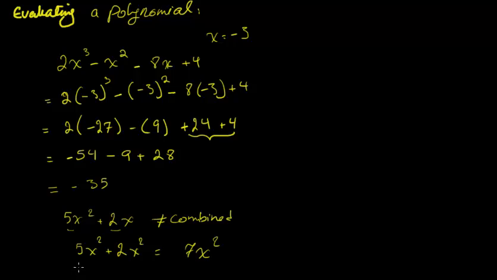Let's say we have 5x plus 6. Can we combine them? No, we cannot. Why? Because it is like saying we can add 5 apples and 6 oranges, and the result would be 11 apples. That is wrong, right?